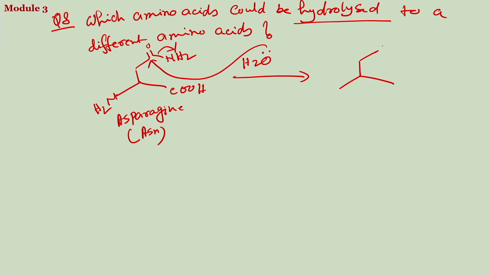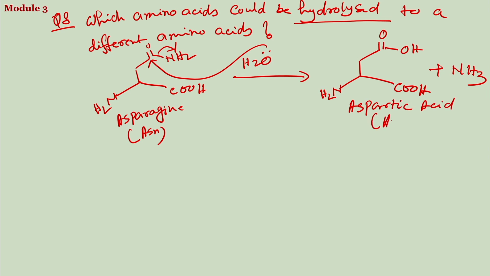So, here you will get COOH, this amine would be there, plus you will release ammonia. So, elimination of ammonia would be there, and this amide group would be hydrolyzed into a carboxylic acid group. Now, this becomes another amino acid. This is your aspartic acid, ASP.